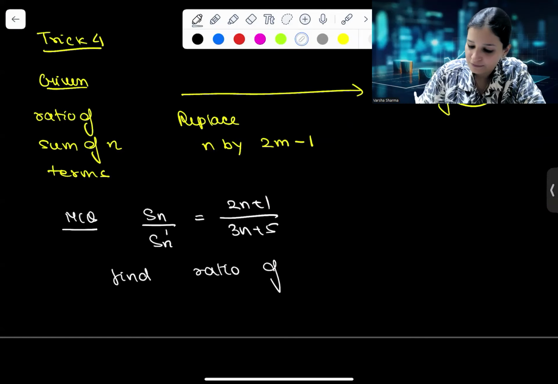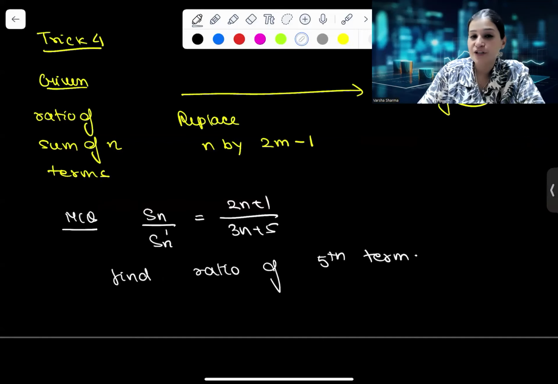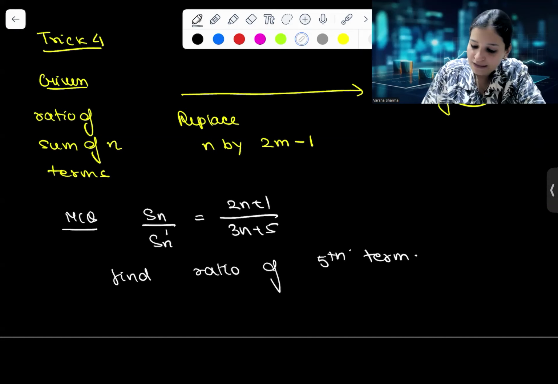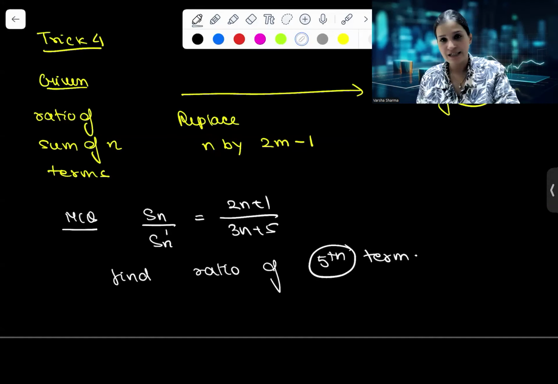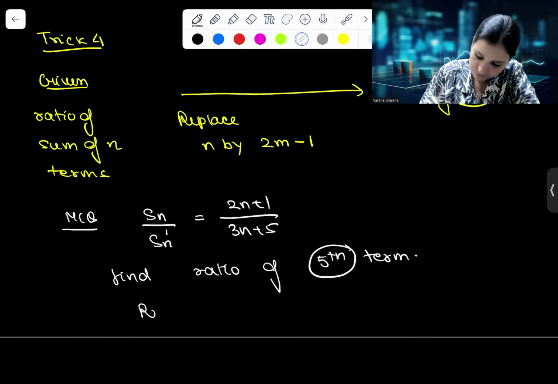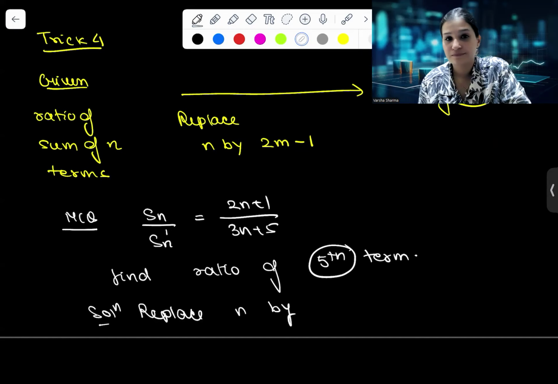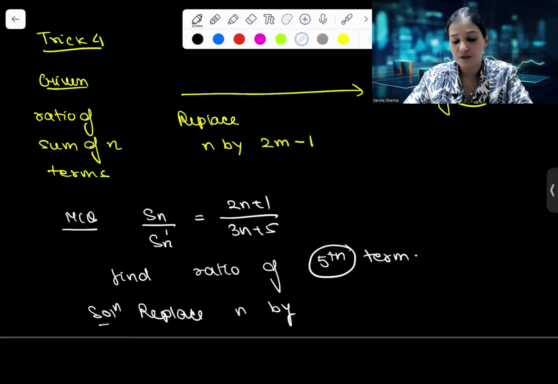What we want to find is the ratio of fifth term. If it is MCQ, then directly, what is the double? What I want to find is the ratio of fifth term. So double of 5, 10 minus 1. So I'm going to replace n by 9, since I want to find the ratio of fifth term.